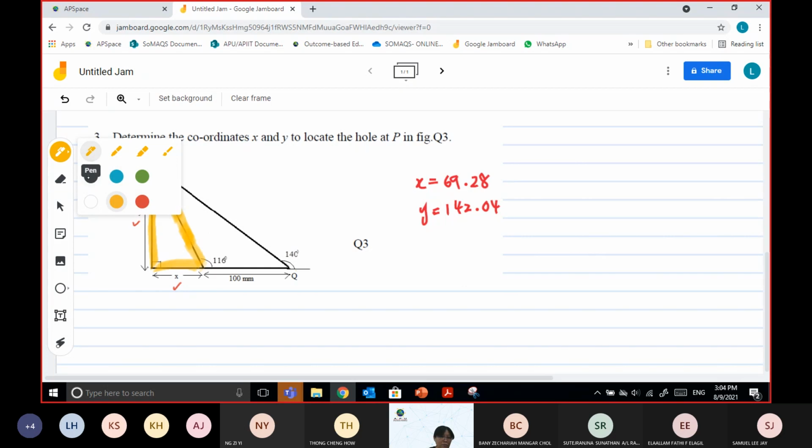If we want to use the sine rule, we need some angles. Let's see which angles we can find here. Since the angle here is 116, we take 180 minus 116 and get 64 degrees over here.